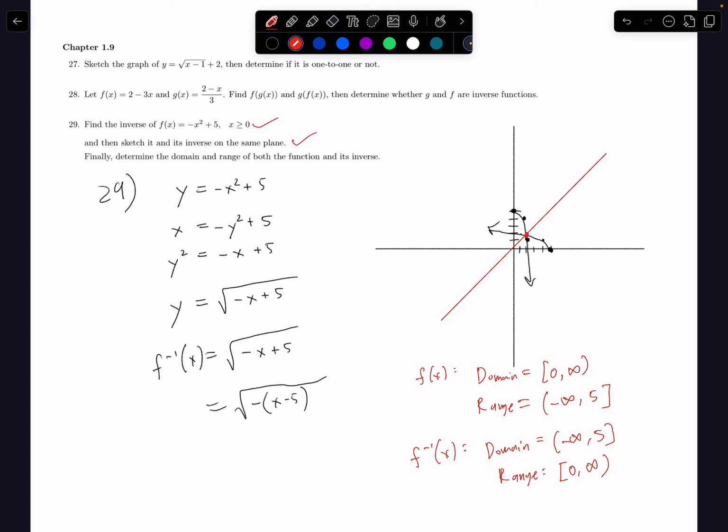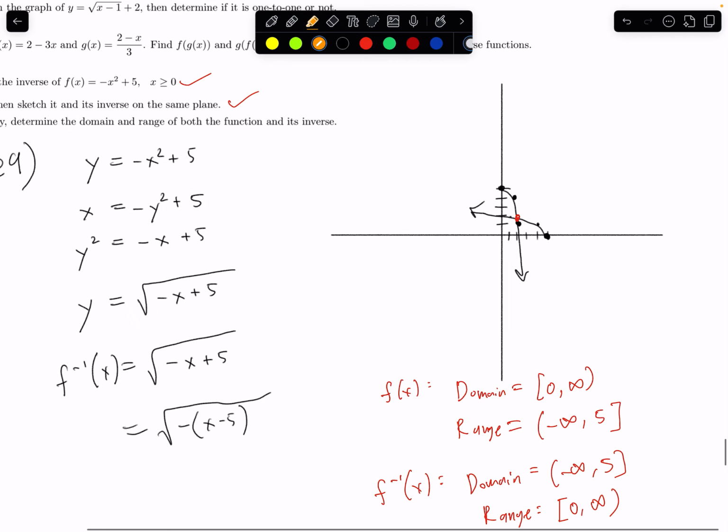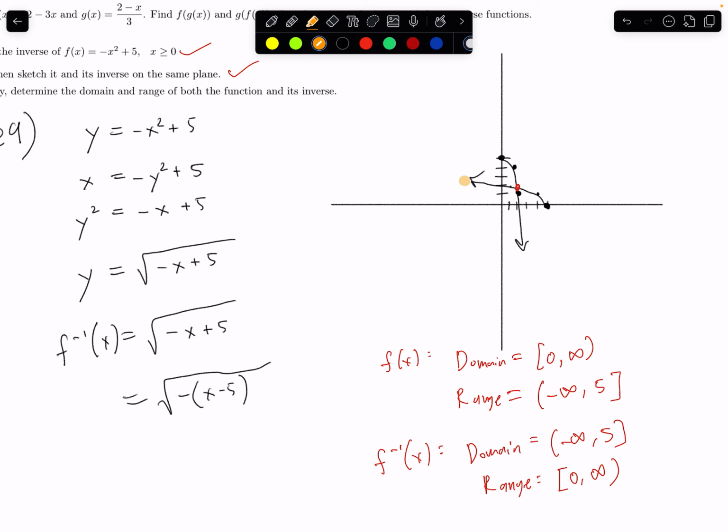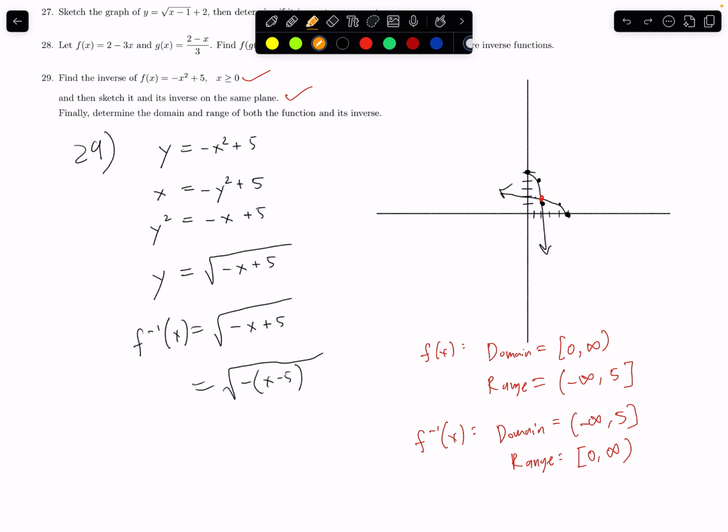Domain is negative infinity to 5 for the inverse function. Yes, because negative infinity goes on that way forever, and it stops once it's at 5. That's right. And then the range is 0 to infinity. Well, you can get 0, yes, and then you can go upwards forever as high as you want. So yeah, that makes sense as well. Everything works out beautifully.